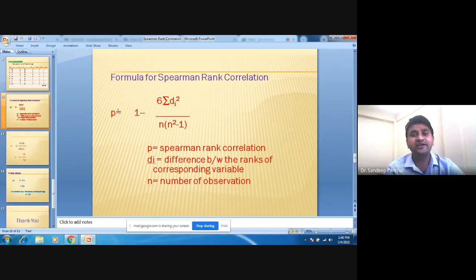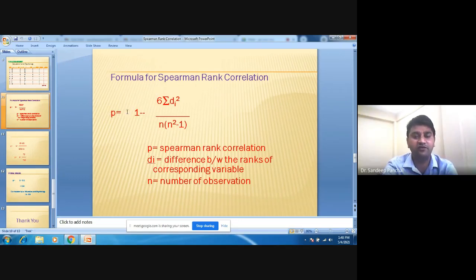You can understand the difference between the correlations. You can also observe the sign of the Pearson product moment correlation, that is the small r. And here you will find the small p. Small p means we are talking about the Spearman rank correlation. Okay, so this is the sign for rank correlation, small p.